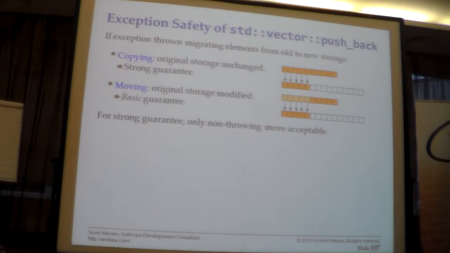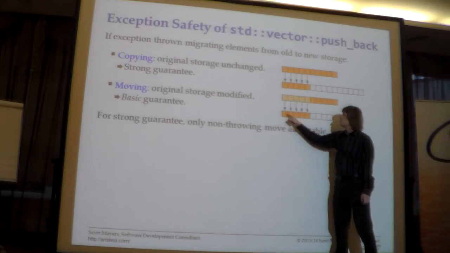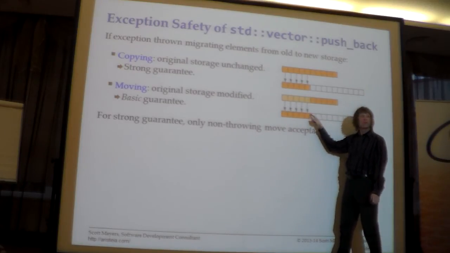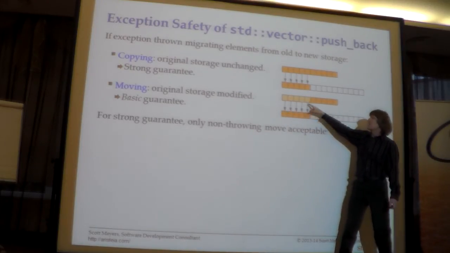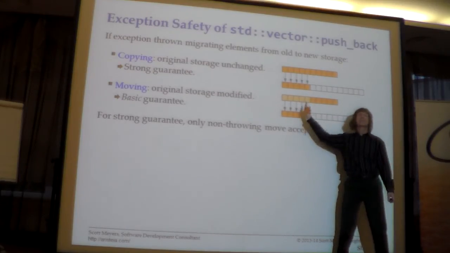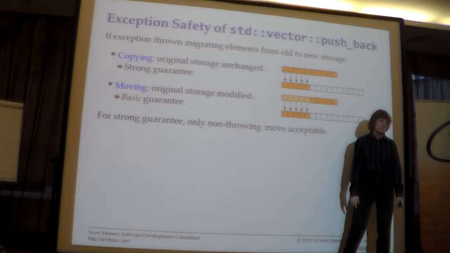In C++11, the logical thing to do is to say, why are we copying all these elements? Let's move them instead. So let's assume that we give our widget class a move operation. Move, move, move, move, move. These elements have been modified by being moved from, and there's no guarantee we can move things back, that might throw an exception too.